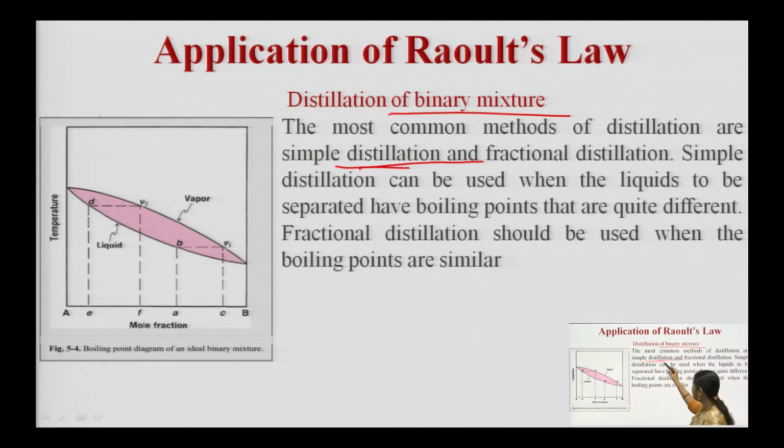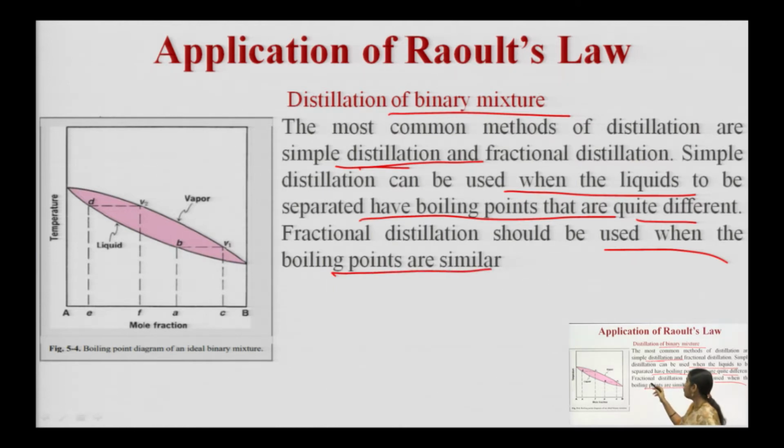In simple distillation, the liquids which have to be separated have quite different boiling points. If the difference in their boiling points is large, then we go for simple distillation, and if their boiling points are almost similar, then we go for fractional distillation.